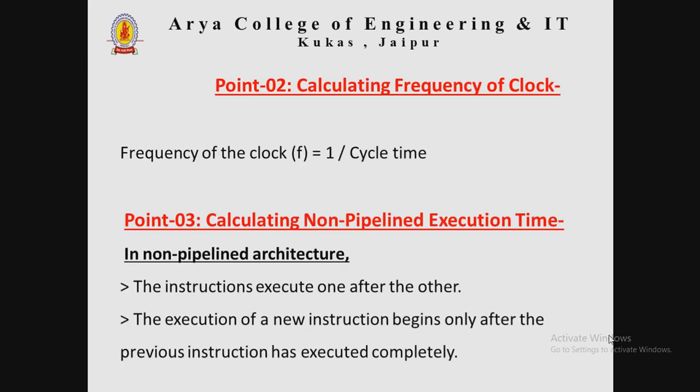We move to point number 2, calculating the frequency of the clock. The frequency of the clock, denoted by F, is equal to 1 upon cycle time.